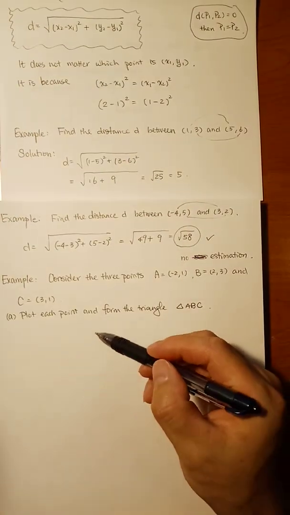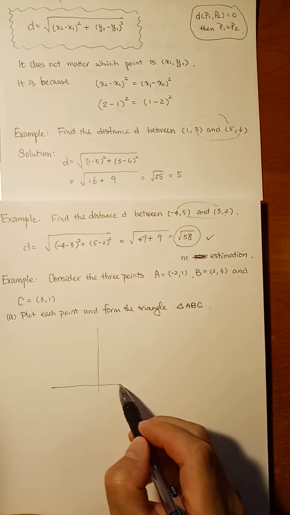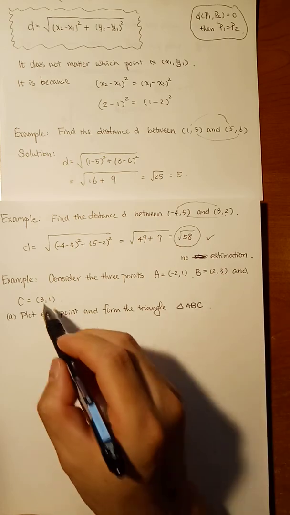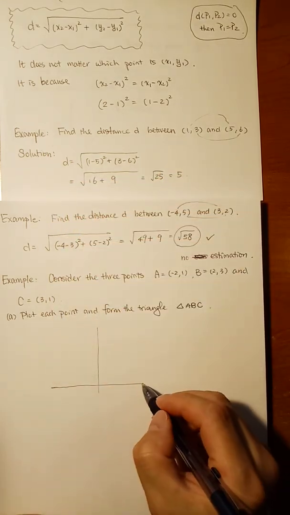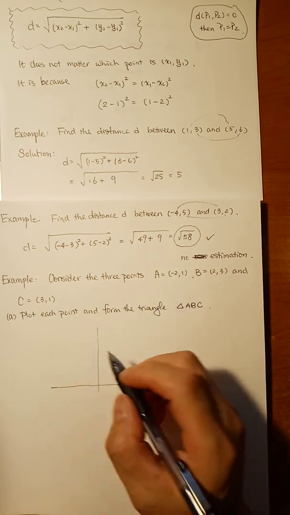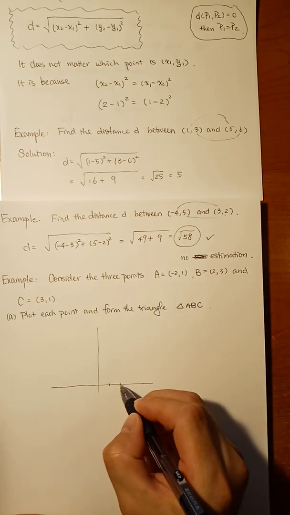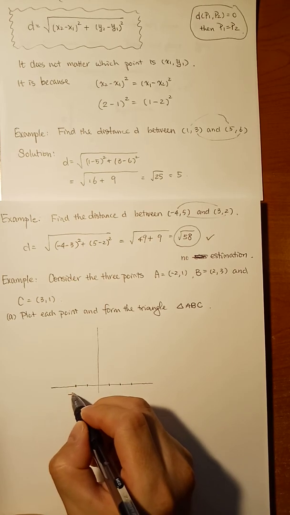Okay, so we're going to plot it. Because all the y coordinates are positive, it's always above the x-axis, so we don't need the bottom part. The biggest number is 3, -2, so 1, 2, 3, -1, -2.